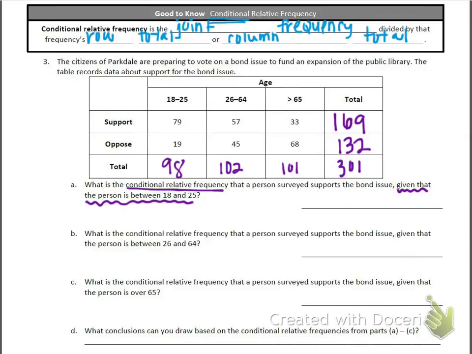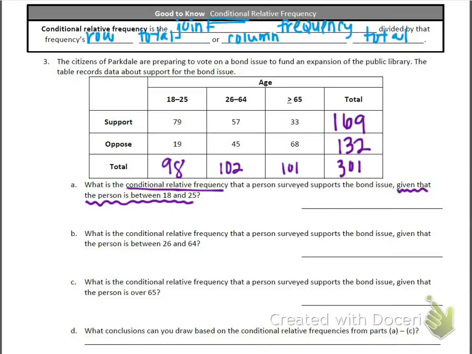Tell your neighbor what you think it means. So I think you're on the right track. This given that the person is between 18 and 25 means I am telling you for sure we're only looking at the 18 to 25-year-olds. So I'm only looking at these 98 people that were surveyed that are between 18 and 25. There is no other way that we're looking at the other age groups.